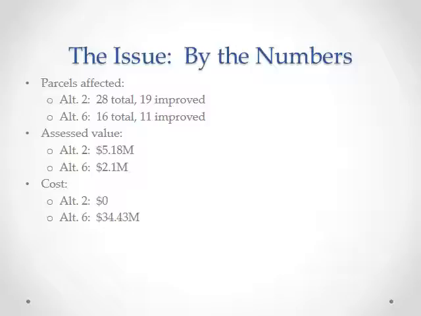I assume that the town did. It's the town's preferred alternative. I don't know how that decision was made, but the Corps doesn't choose. So we must have chosen. Yes, the town chose it as the preferred alternative.